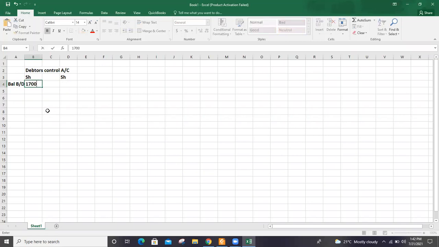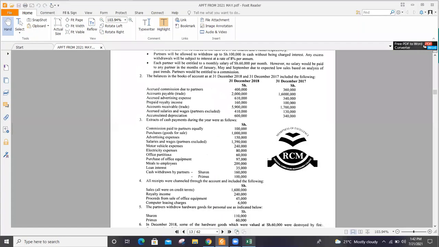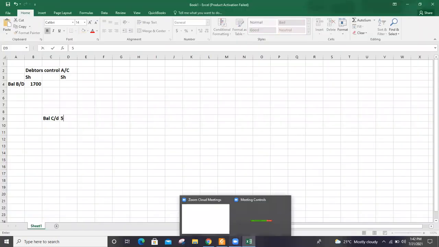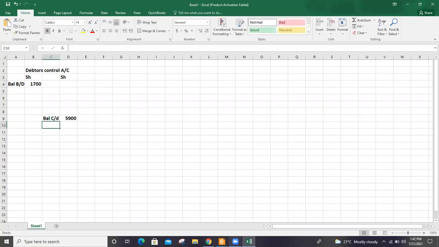Then on the other side, we have the balance carried down, 5,900. Transactions during the year, we have the receipts.